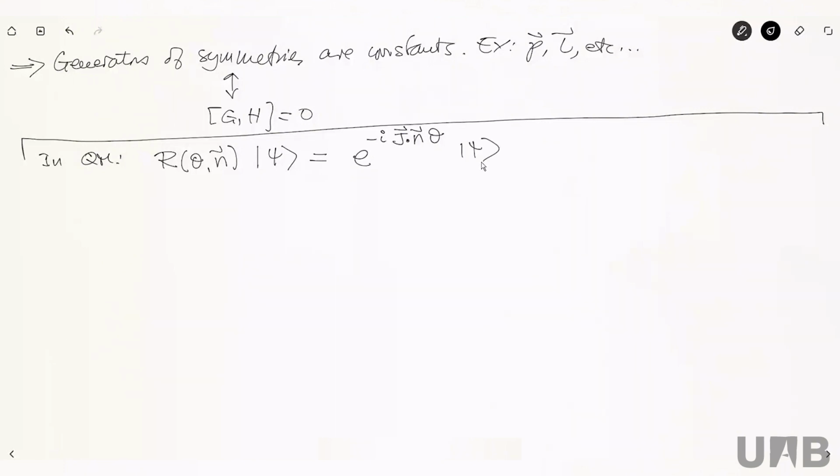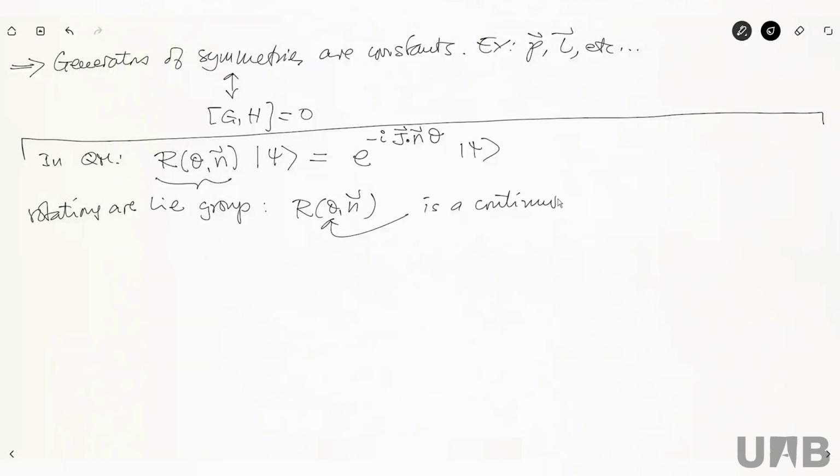Okay, so this is a Lie group. Rotations are a Lie group, and that means that this function is a continuous function of a parameter, which in this case is the angle theta.